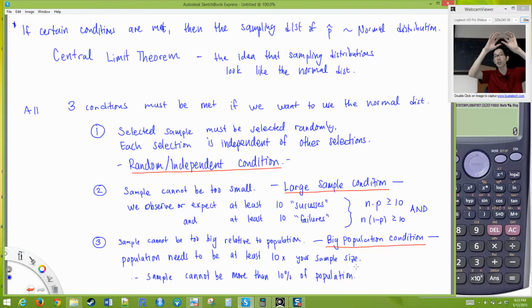So after I draw out that first card, and if it's red, what do I have left in the deck? I have 25 red cards and 26 black cards. So technically, the next card I draw no longer has a 50% chance of being red, okay? Now, if I only draw one card out, it doesn't really affect it too much. It's still pretty close to 50%. But let's say I drew out 10 cards from the deck, okay?